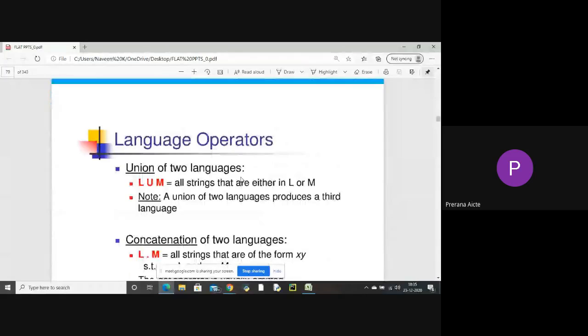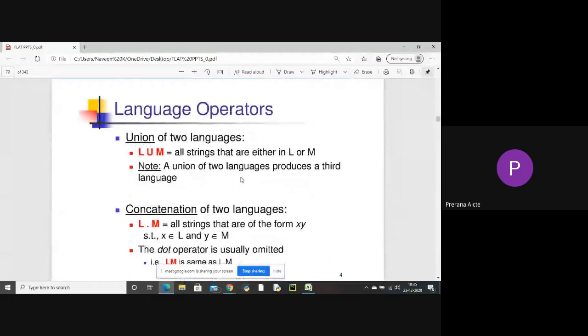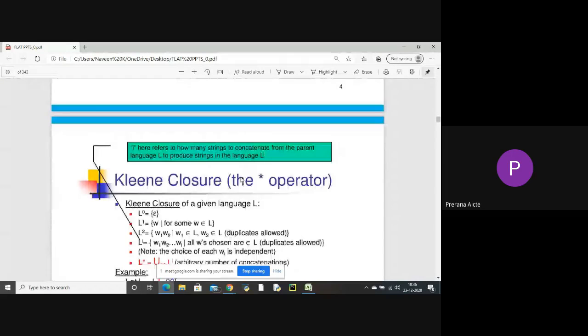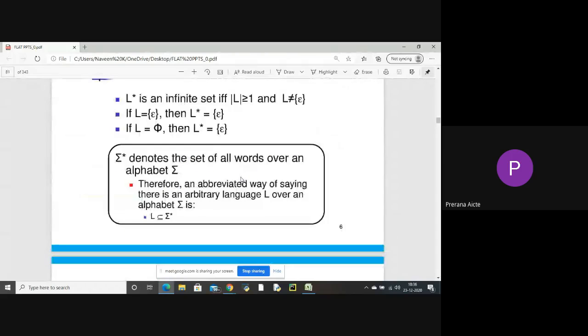Okay. Next, we'll start with regular expressions and regular languages, which contain different types of operations on languages like union, concatenation, Kleene closure, and positive closure.